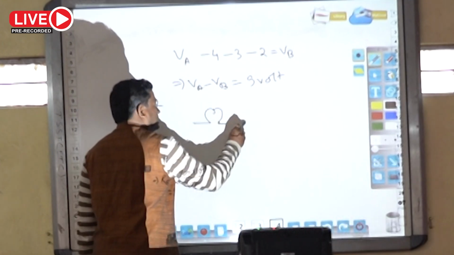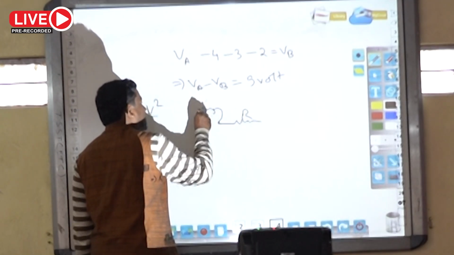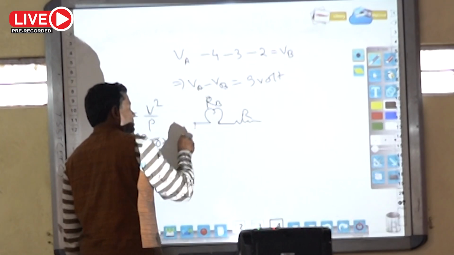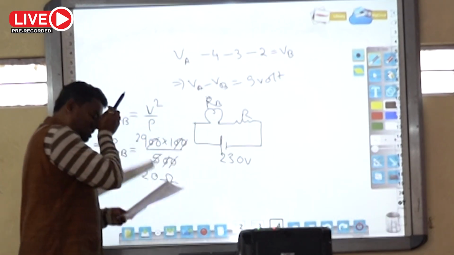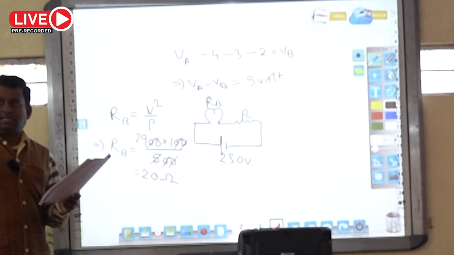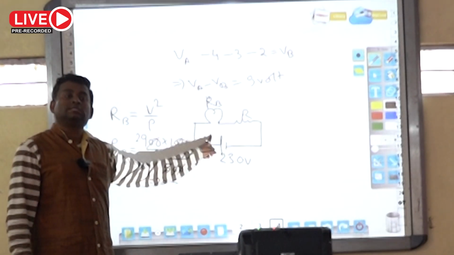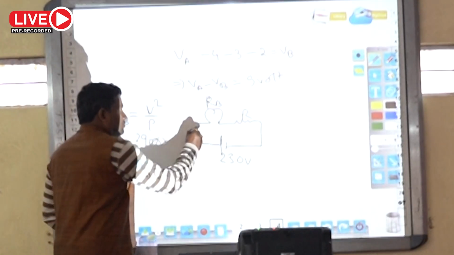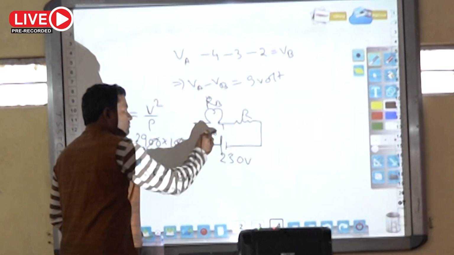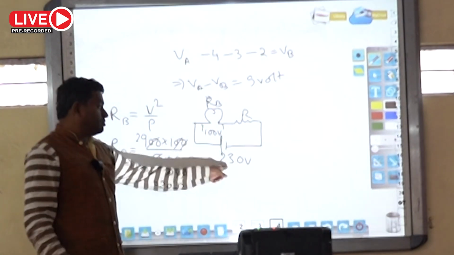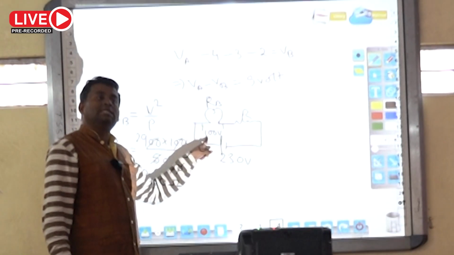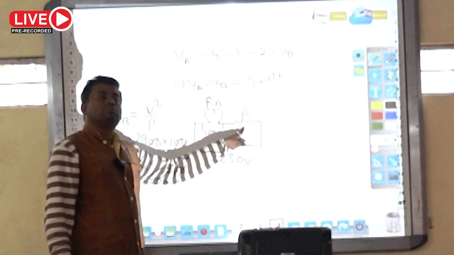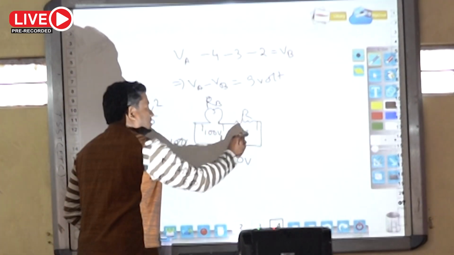This is the bulb, this is another resistance R. It is connected with a 230 volt mains, and it is said that it works perfectly. Means the bulb will again draw 100 volt. So voltage across the bulb will be 100 volt. Means from 230, 100 is taken by the bulb, then the voltage across this one will be the remaining 130 volt.